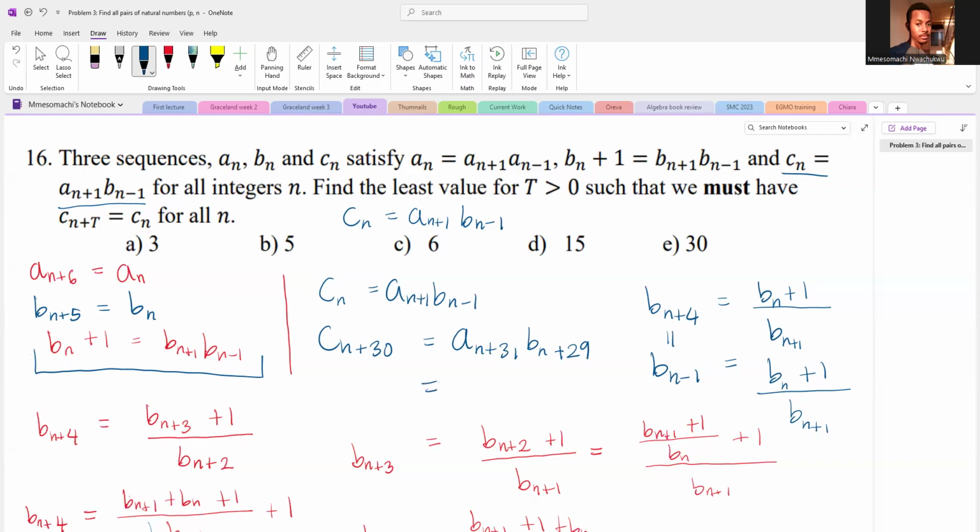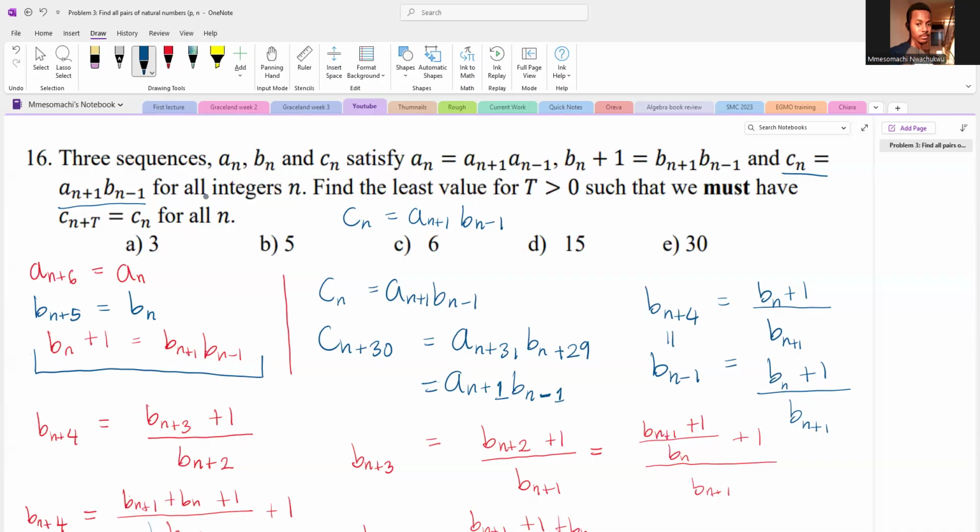So this is going to be equals to An plus 1. Okay. So we're working mod 6, and here this is going to be equals to, so remember we're working mod 5, Bn minus 1. 29 is minus 1 mod 5. That's how we get that Cn plus 30 is equals to Cn.